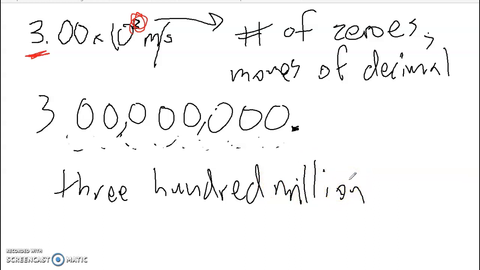Alright, now if I want to go from the real number to scientific notation, well, let's do it. Get a clean canvas here.